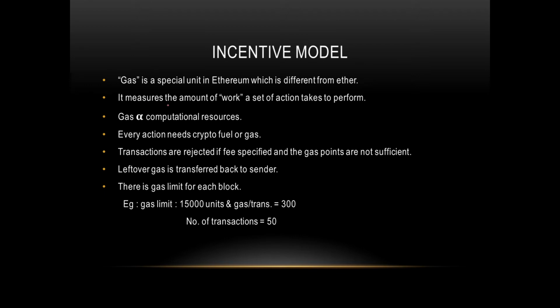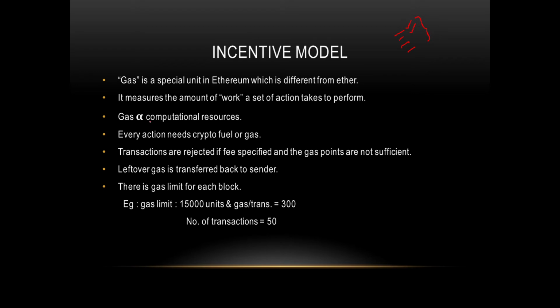Second, it measures the amount of work a set of actions takes to perform. So there are many actions going on, and each action takes some amount of computational work. By adding all these works, the total computational power needed is converted into gas points. The amount of that computational power is represented as gas points.